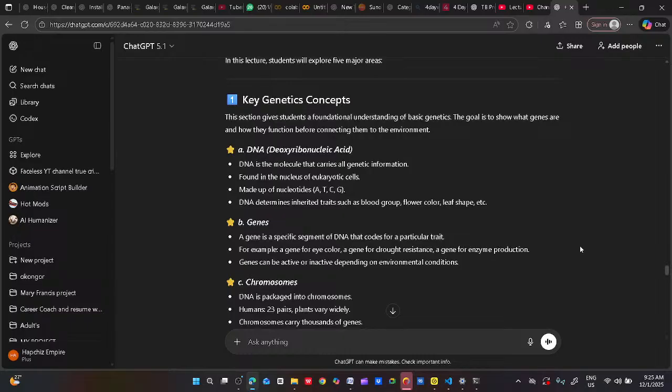Now, what I'm trying to say is that if you draw a cell, please look up. If you draw a cell like this, inside that cell you have the nucleus. Inside that nucleus, you are going to have DNA. Inside the cell, you have the nucleus.